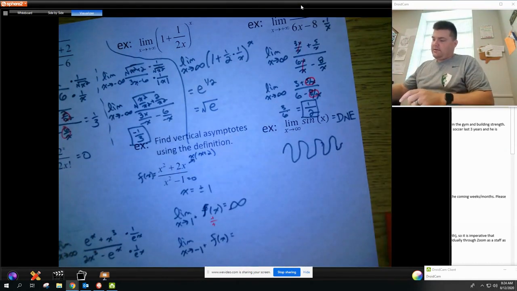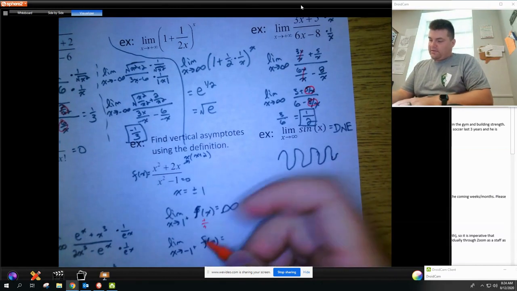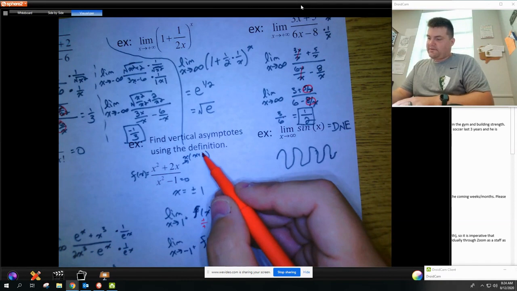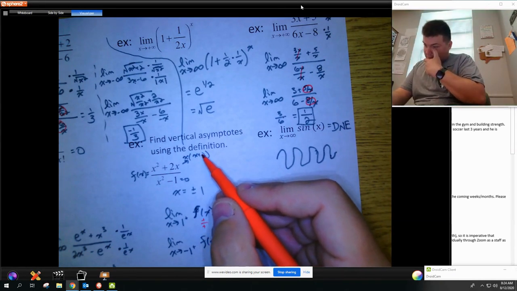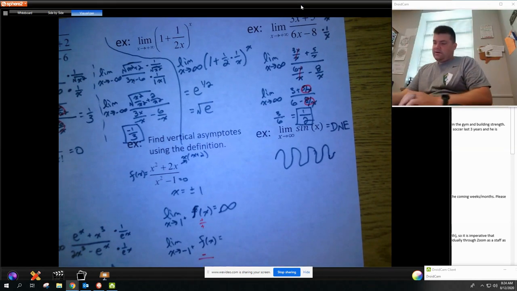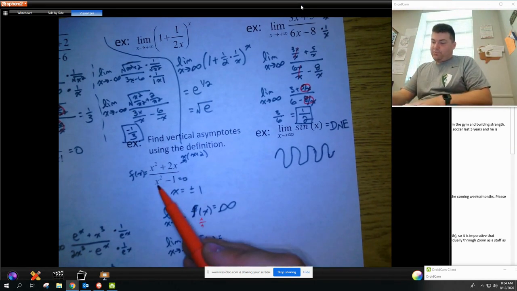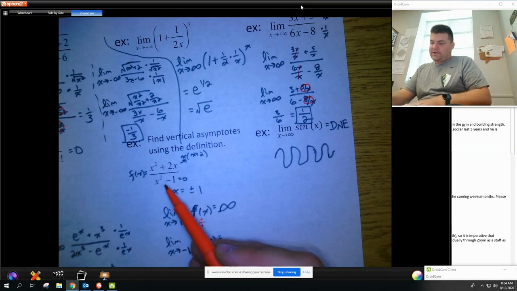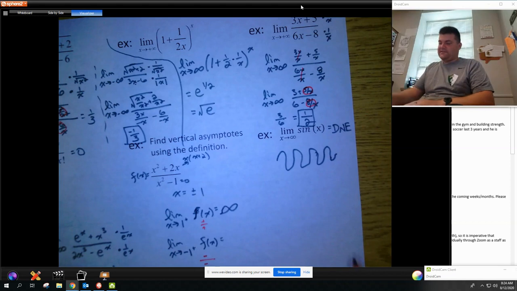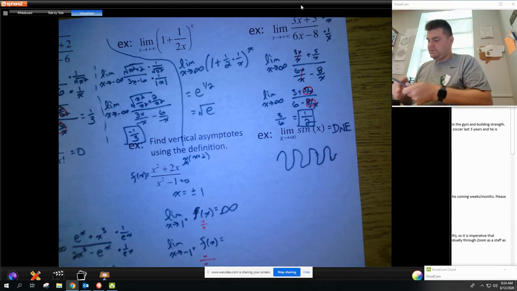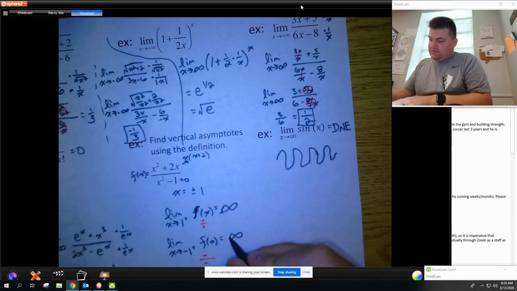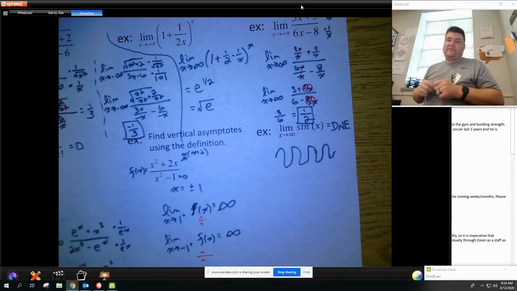So if I do a -0.9, I'm going to get -0.9, so negative times positive, which is going to be negative. And the bottom one, if I do -0.9 and I square it, I know that's going to give me something that's less than 1, so it's going to be negative. So negative and negative gives me a positive. So that right there is going to verify my vertical asymptotes.